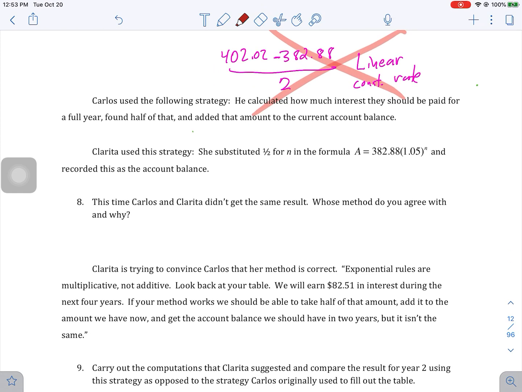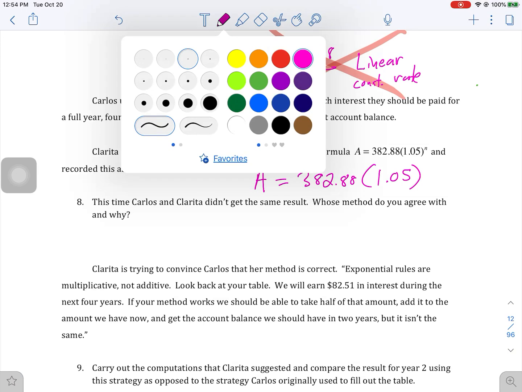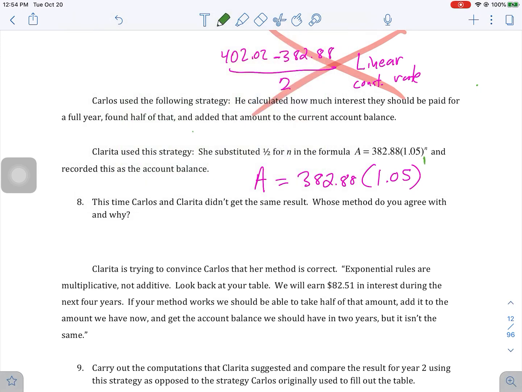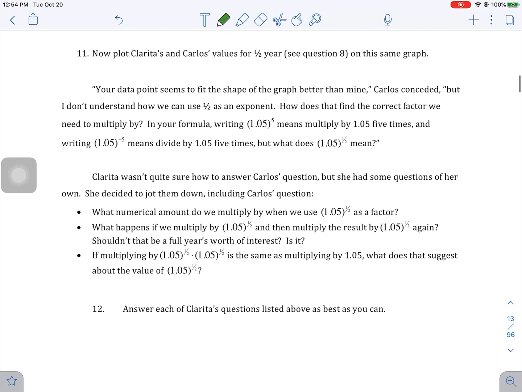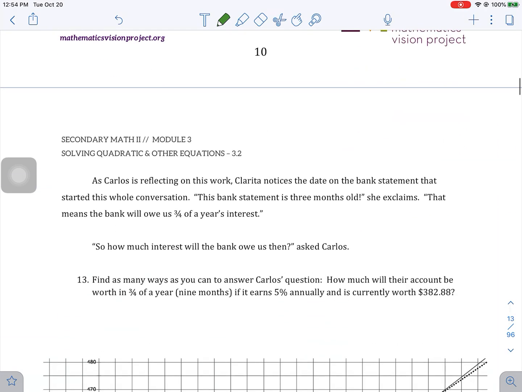So what we want to do is find the geometric mean, or the halfway point, and that's Clarita's strategy here, where the amount is equal to 382.88 times 1.05, but if we're halfway through, we're not an entire year, then we can take it to the half power. Okay, and that'll take us to the halfway. And then they ask you some questions about that.